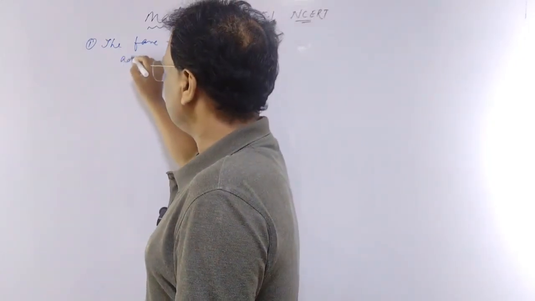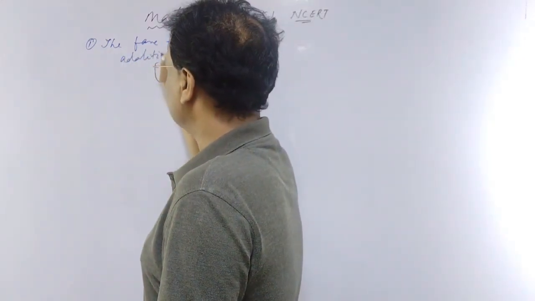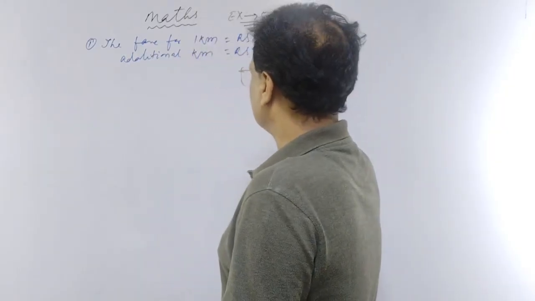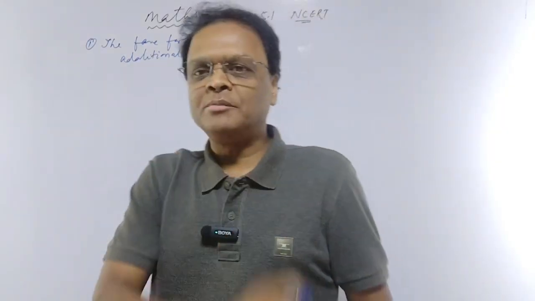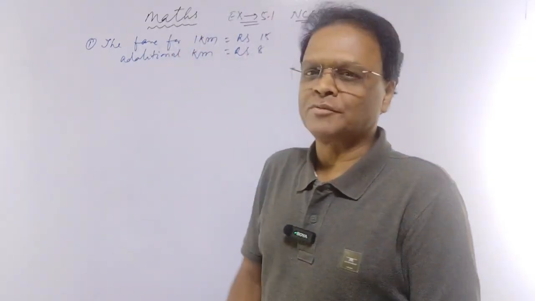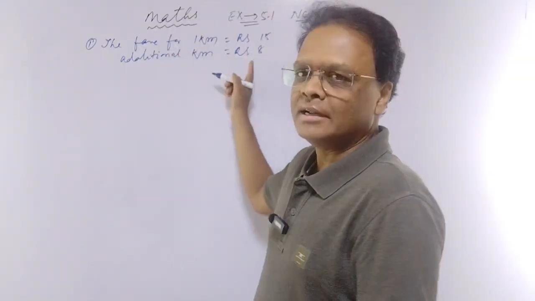So what is the amount for the additional kilometers? The amount is rupees 8. That means for 1 kilometer it is 15 rupees, and further, if you go on adding kilometers, for each kilometer the charge is 8.